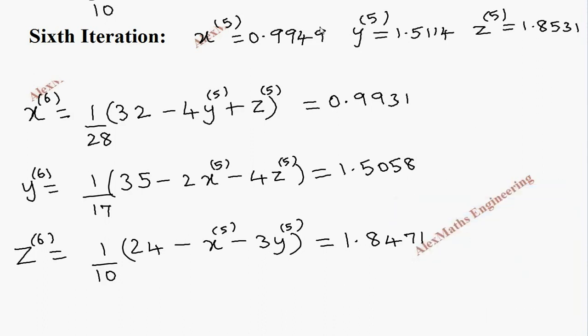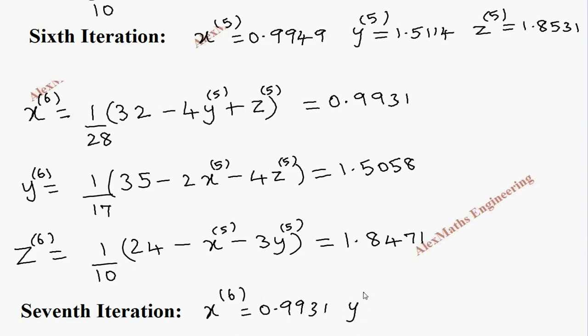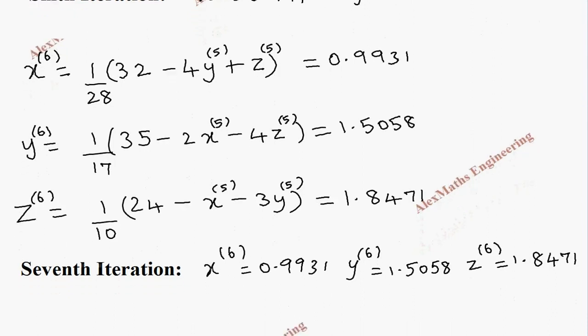Now once again these values are not similar, so we have to go for the 7th iteration and copy the values of x of 6, which is 0.9931, y of 6, which is 1.5058, and z of 6, which is 1.8471.